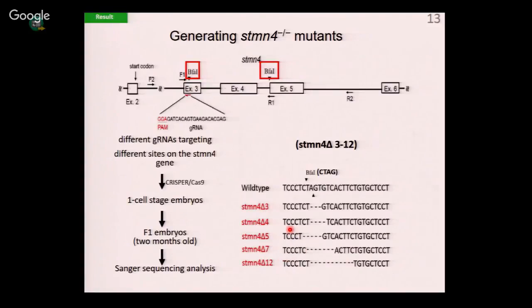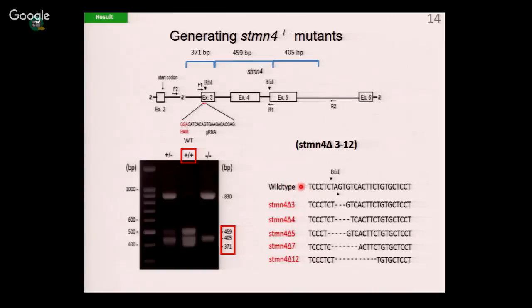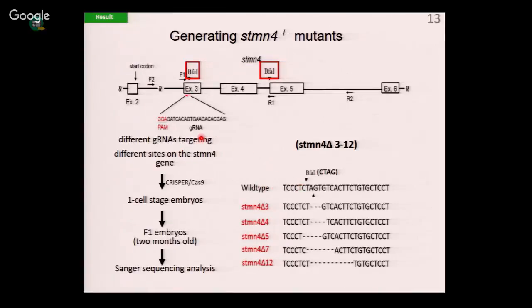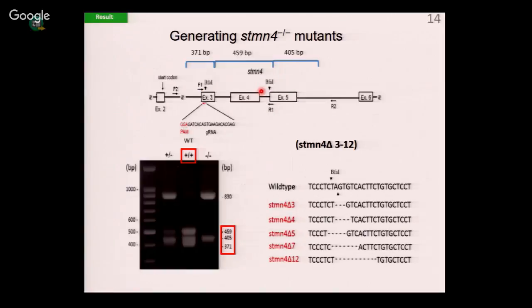To identify the homologous mutant, they used the BFA1 site, which is in all the deletions, and a second BFA1 site at the beginning of exon 5. By using a restriction digestion assay, they separated wild type, heterozygous and homologous mutant stem cell fish. We can take the stem cell deletion 5 as an example.